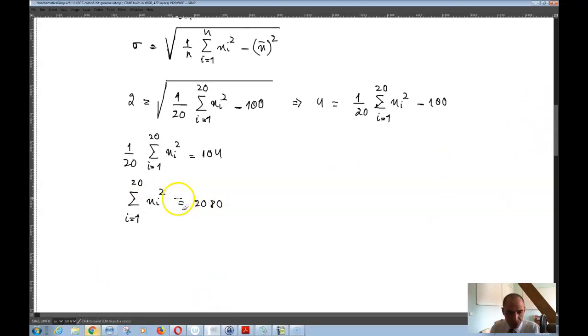If I'm going to call the new sum of x of i squared, the sum of y of i squared as i goes from 1 to 20, then a few things need to happen here.